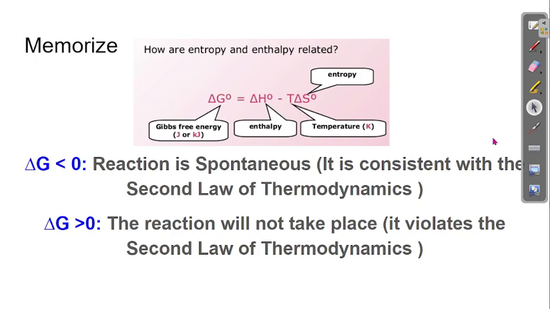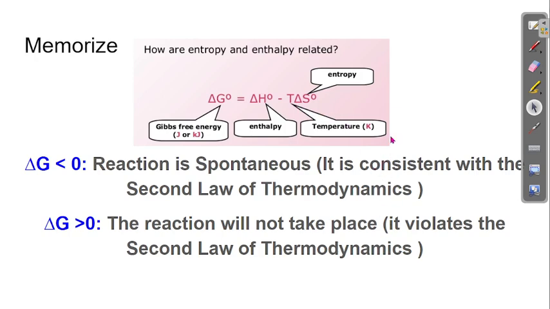Now, you're going to have to memorize this equation. The change in Gibbs free energy, in joules or kilojoules, one or the other, is going to be the change in the enthalpy that you know how to calculate, minus the temperature that we give the reaction times the change in entropy for that reaction, which you know how to calculate as well.